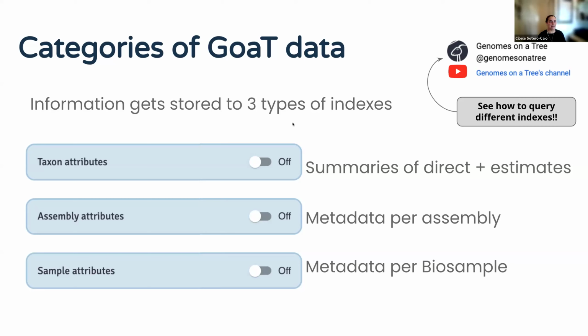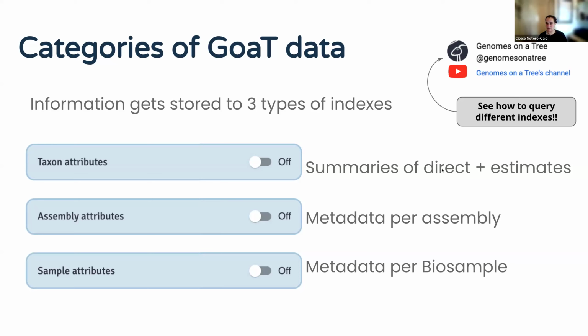But yeah, GOAT has three categories of data. I kept talking about taxon, the species, the genus, and these are the attributes that you can find from things that are not assemblies. Well, assemblies as well, but from the different databases. So we have the genome size, C value, chromosome number, haploid number, ploidy, legislation information, regional lists.